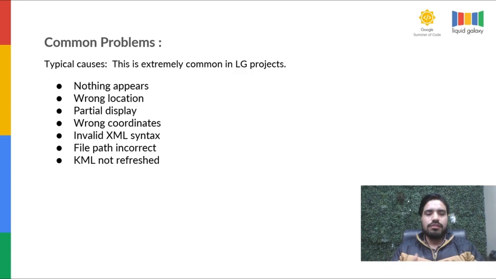I also faced this problem when I sent a KML file to Google Earth. Google Earth could not refresh it itself, so we have to send a command to refresh Google Earth so that it knows that it received a KML file.